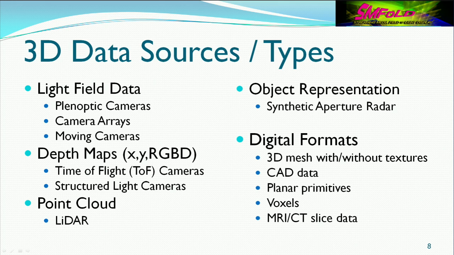We've got synthetic aperture radar type information, and then a whole bunch of digital formats: 3D meshes with and without textures, CAD data, planar primitives. You've got voxels from volumetric information, and then let's not forget things like medical data, slice data, MRI and CT. All of these types of data sources can potentially benefit from a light field display. That's a lot of data types.